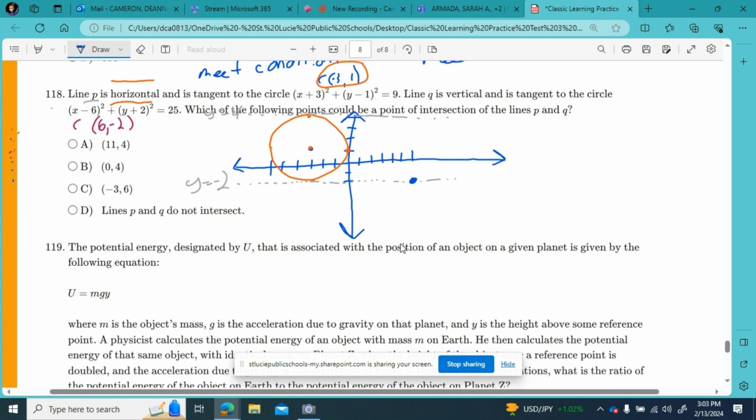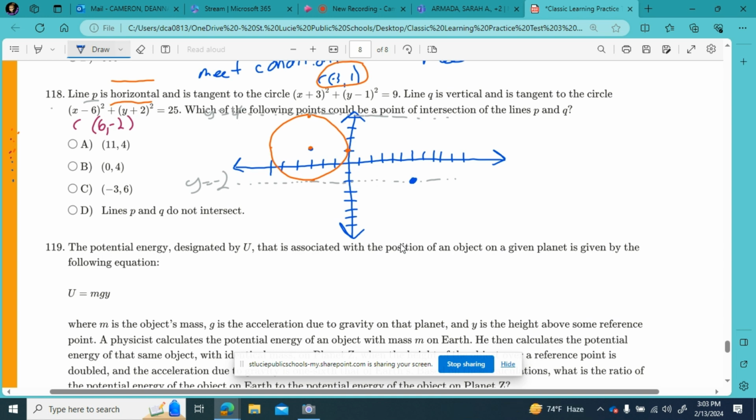I'm going to guess this is not what we want because that's cutting through our other circle. And the radius of this is going to be 5. So it's going to come out another 5 and down 5. 1, 2, 3, 4, 5.